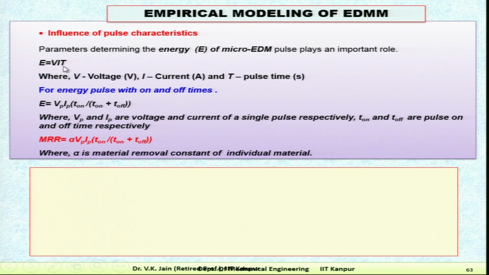So, in case of pulse power supply, this is used; in case of direct power supply, this is used. But in most of the cases, we are using a pulse power supply, and it is the pulse power supply which is used in EDM as well as EDMM process.